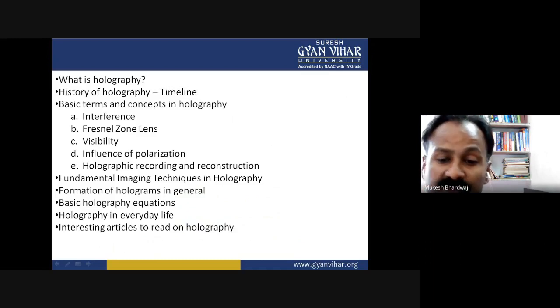Gabor was the first to use this technique in the electron microscope, but use of this technique in photography was hampered due to lack of availability of coherent light. After the discovery of highly coherent laser light in 1962, it became possible to record the three-dimensional image of an object by holography.